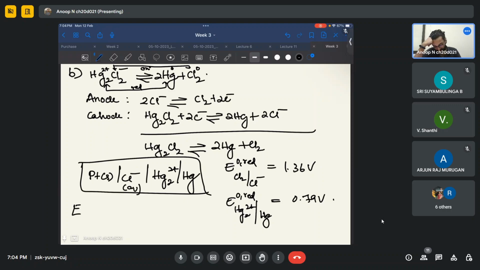So E cell is equal to E cathode minus E anode, which is 0.79 minus 1.36, which is equal to minus 0.57. Fine.